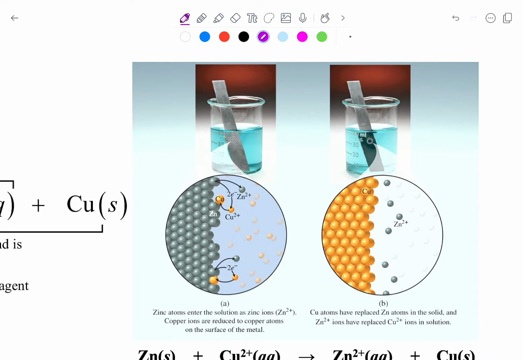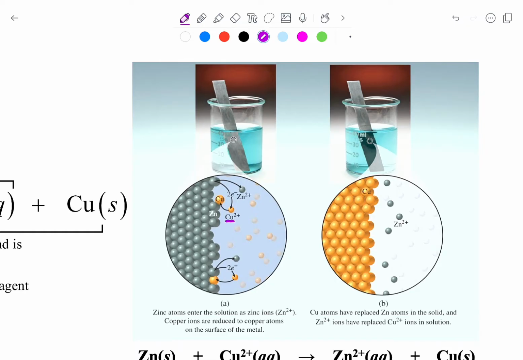Okay, so what's happening is the zinc and the copper are essentially changing places, right? Copper's a metal and zinc's a metal. What's going on is that zinc metal is made up of individual zinc atoms, and the copper ions want to become a solid. So they're changing places, and in order to do that, they are exchanging electrons.